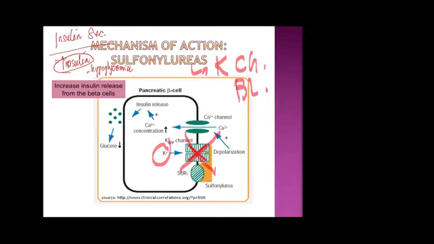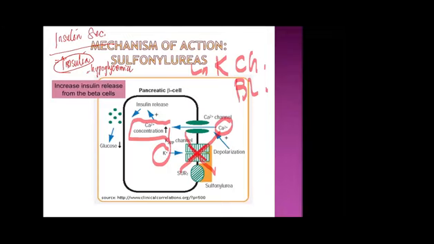When the potassium channel is blocked, does intracellular potassium go up or down? Okay, up. And an increase in potassium inside can cause what? Hyperpolarization or depolarization? Okay, depolarization. And depolarization can cause increased inward conductance of calcium ions, and when calcium ions increase inside the cell, that can finally result in exocytosis of insulin.